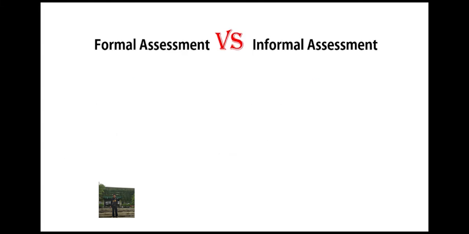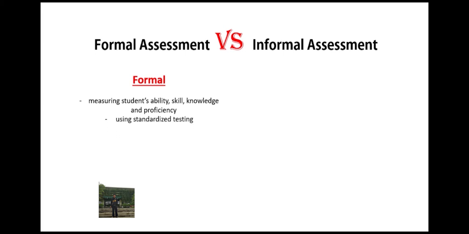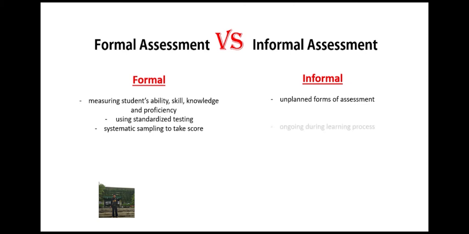Second, formal assessment versus informal assessment. Formal assessment is measuring students' ability, skill, knowledge, and proficiency by systematic sampling techniques. The sampling process is structured using standard testing and score taking. Informal assessment is unplanned and unintentional.